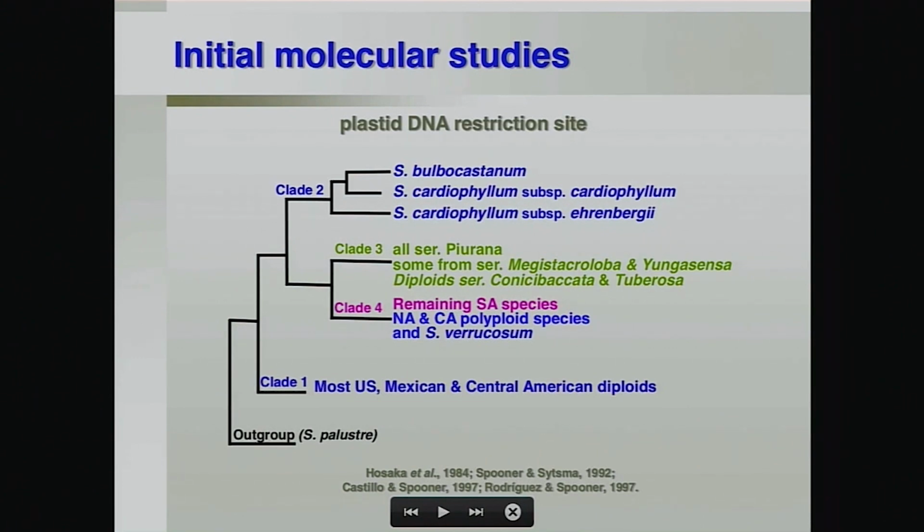Again, Mexican, US, and Central American diploids. And in clade 3, a monophyletic clade, we can find all the accessions from series Piurana and some accessions from other series of Hawkes. And here the remaining South American species, all the polyploid species from US, Mexican, and Central American, and Solanum verrucosum.